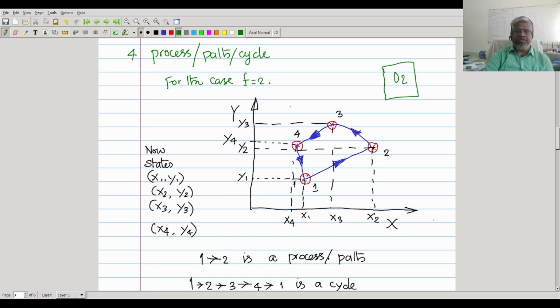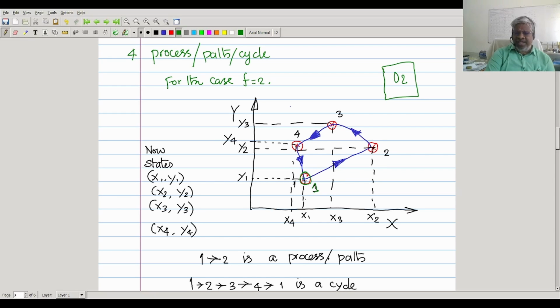Whenever you are in a position to take the two variables or two properties, that can be marked on a two-dimensional graph, say x and y. This x and y are going to be two properties. If you know the x1 and y1, you can mark that as state 1 of that system. Similarly, I can mark 2, 3, 4 different states of the system.